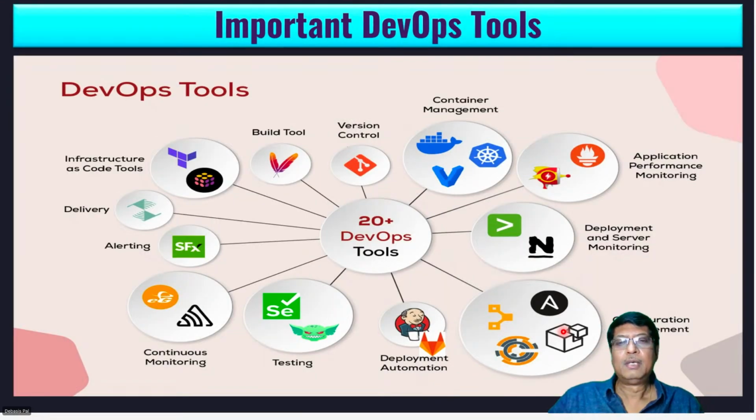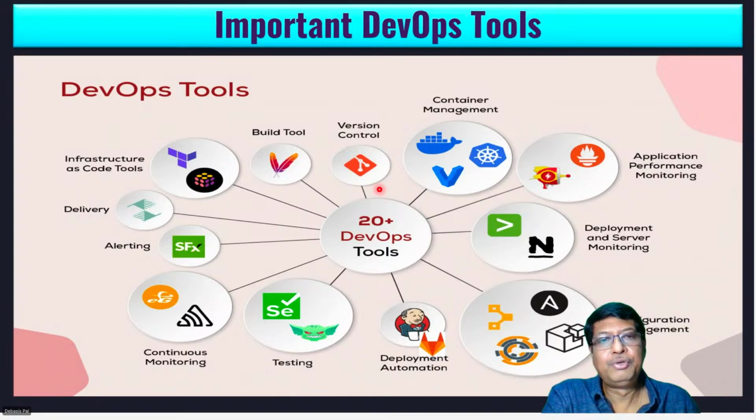You see, there are lots of very important DevOps tools. I can name a few, and in our courses we are training people on very important tools like version control, which is Git or GitHub. We have container management with Docker and Kubernetes. Docker and Kubernetes are a very important aspect of DevOps.